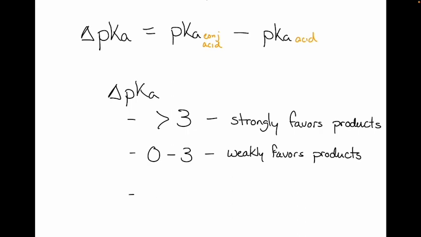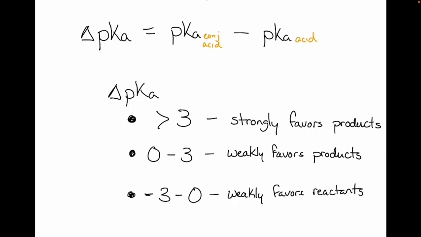On the other end, if it's between -3 and 0, this weakly favors the reactants. So there is a little bit of product produced, but nothing too crazy. This equilibrium does lie in favor of the reactants.